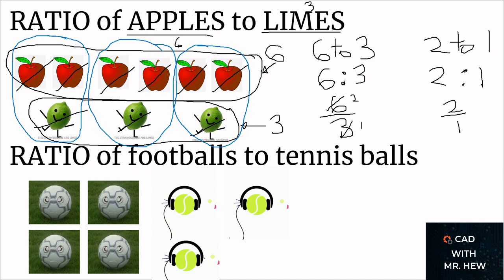The next example we're looking at is a ratio of footballs to tennis balls. We have 4 footballs and 3 tennis balls.